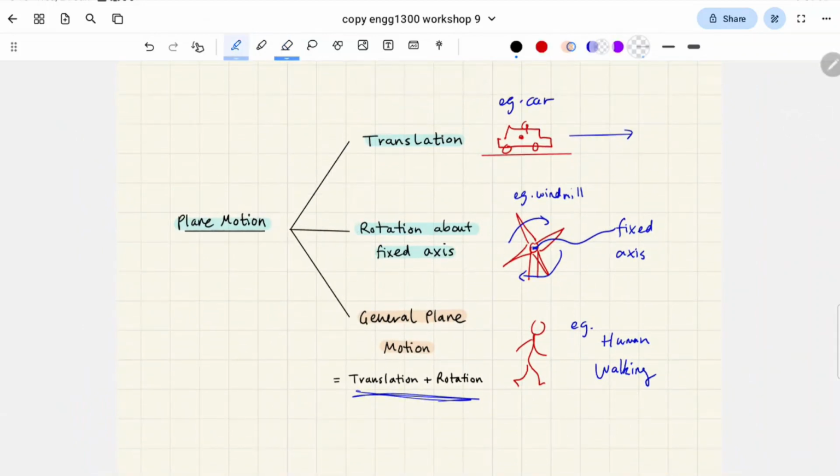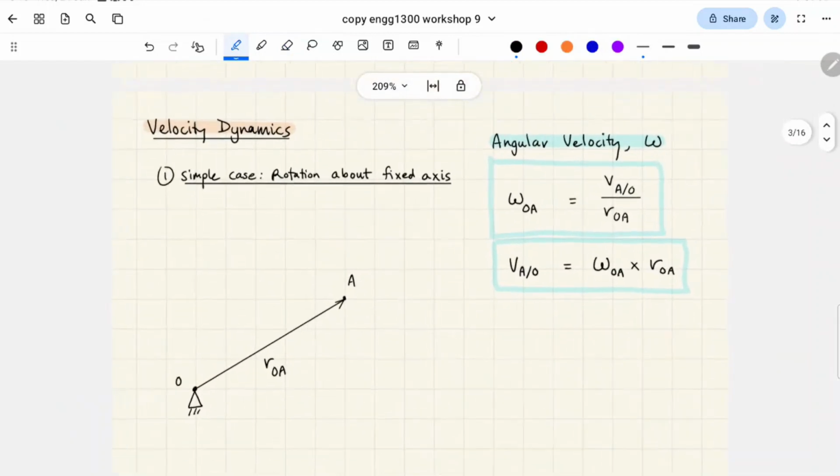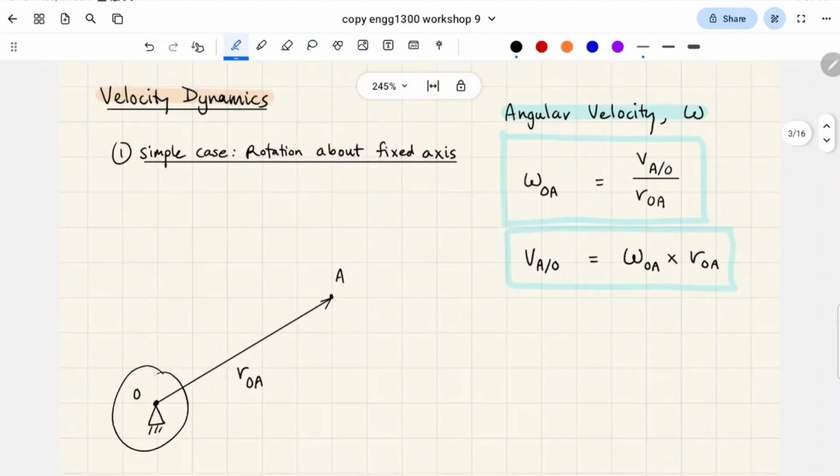When you have this pinned support, we're not talking about general plane motion. We're just talking about it being fixed here and then rotating. So this one doesn't move, right? And that's going to be pretty important for us having additional information to solve questions.